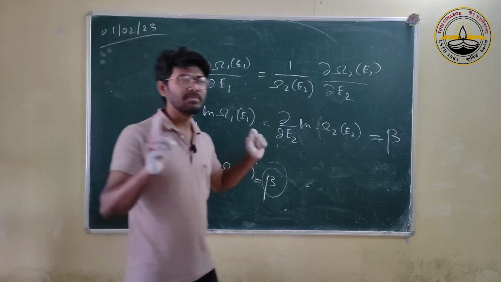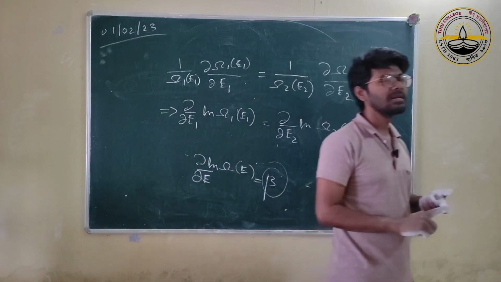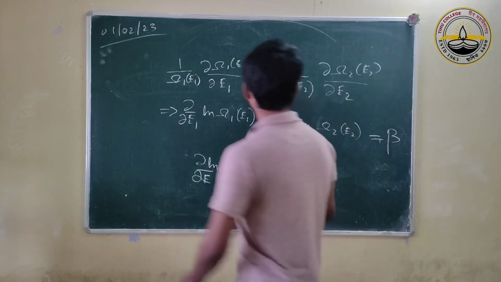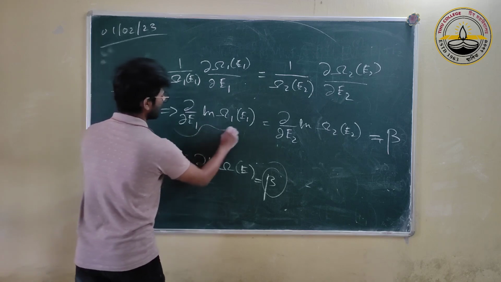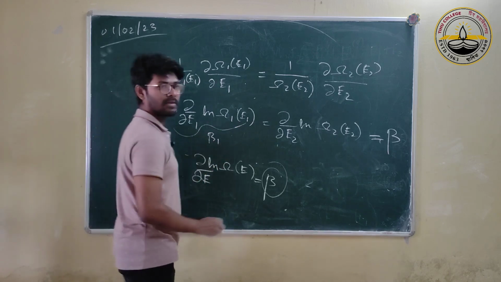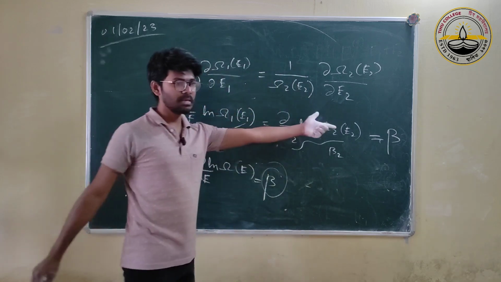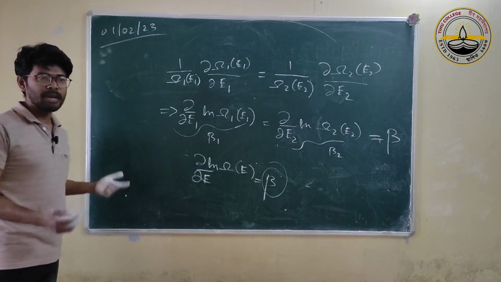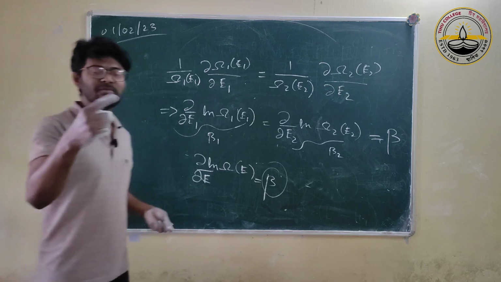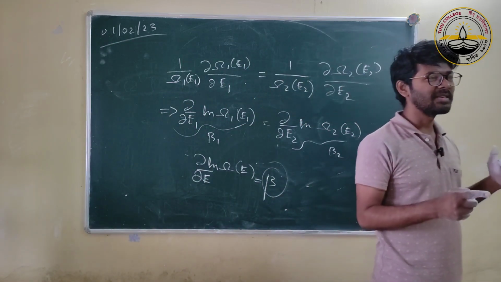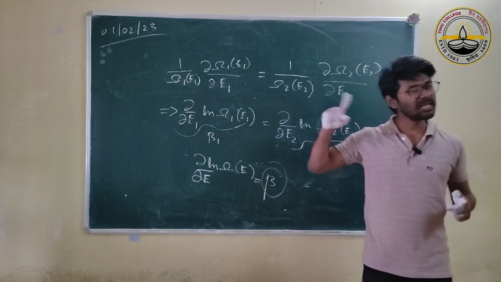Now we know something that becomes constant when there is equilibrium. So what does this mean? If we name this beta 1 and this beta 2, equal to some beta, that's when equilibrium happens. Tell me from thermodynamics, what is the thermodynamic quantity that satisfies this at equilibrium?